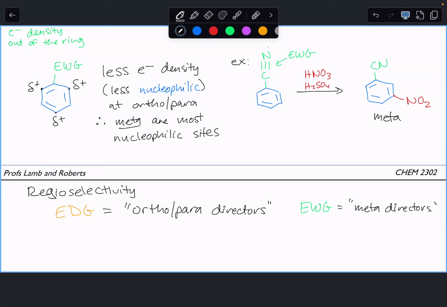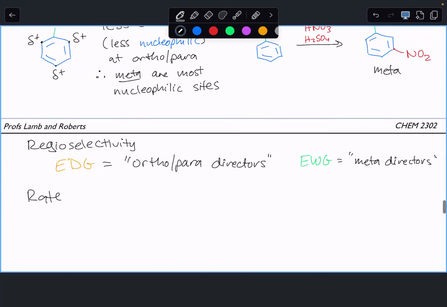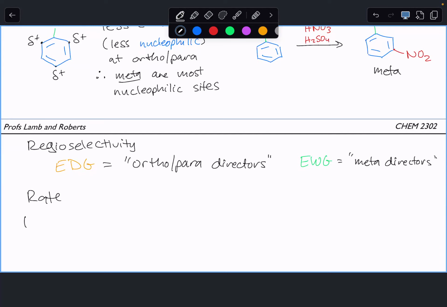So that's regiochemistry. So let's talk about rate for a second. We've already rationalized through the rate, so let's just formalize it. So section 13.12 talks about our electron donating groups, right? So we talked about how electron donating groups push electrons into the ring, so it makes the nucleophile more nucleophilic.